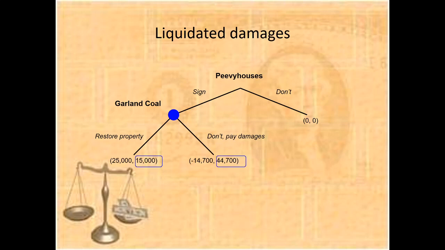So what is the best case for Garland? 44. So in the game, right in the beginning itself, they will go for the default, don't pay damage strategy, because that would always be better.